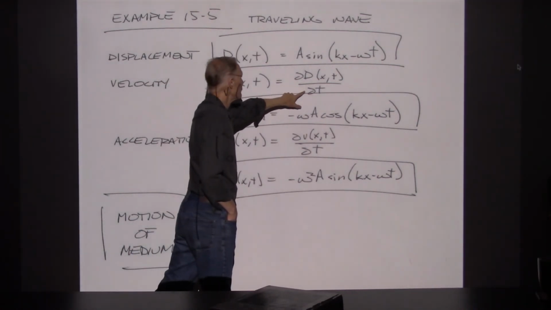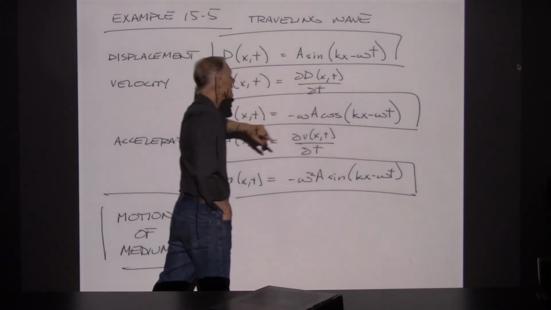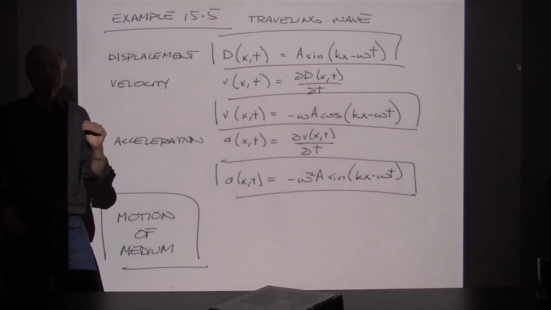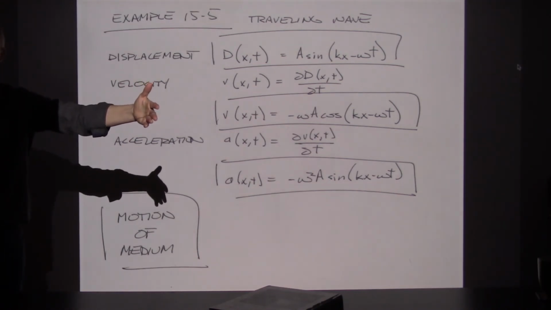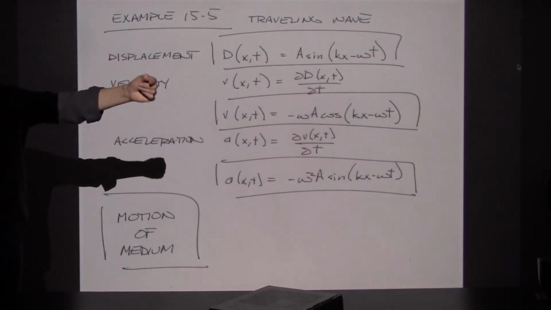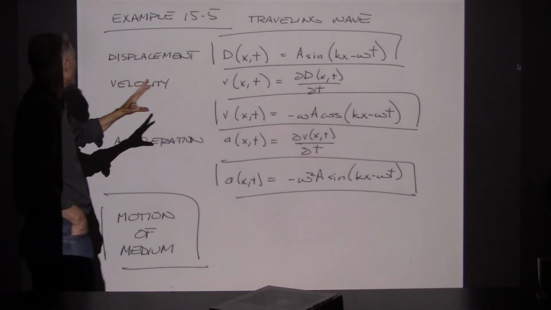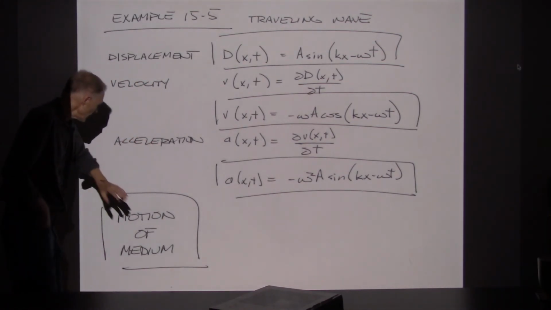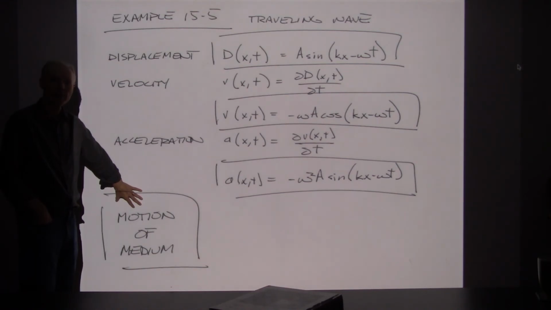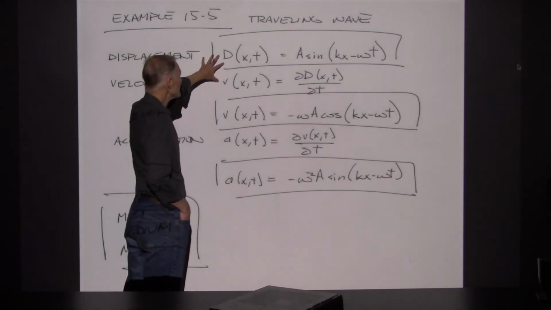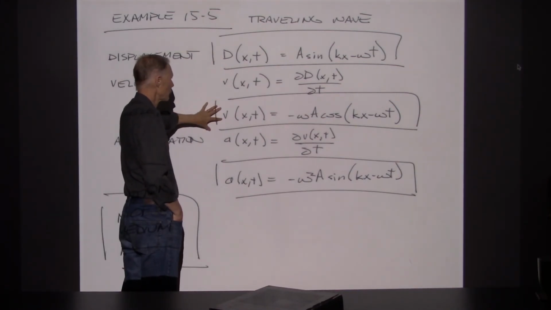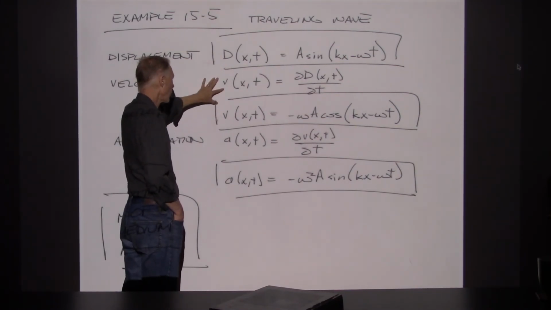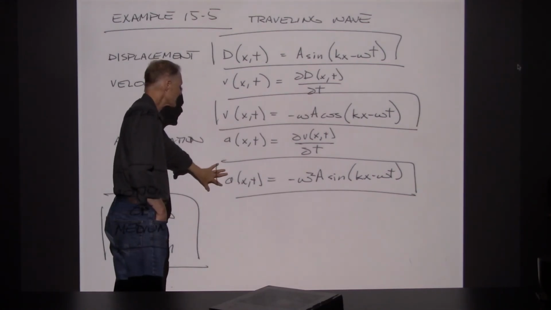Now when I take the time derivative, I'm treating x as a constant. I'm not thinking in terms of how the wave varies from one location to the next. What this formula is keeping track of is motion of the medium. So here is the displacement formula for the medium. Here is the velocity formula for the medium. That's one time derivative. And here is the acceleration.